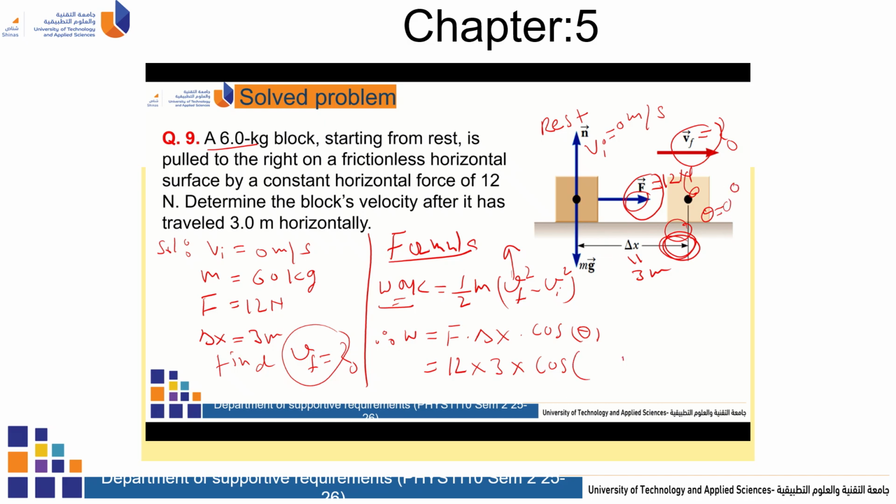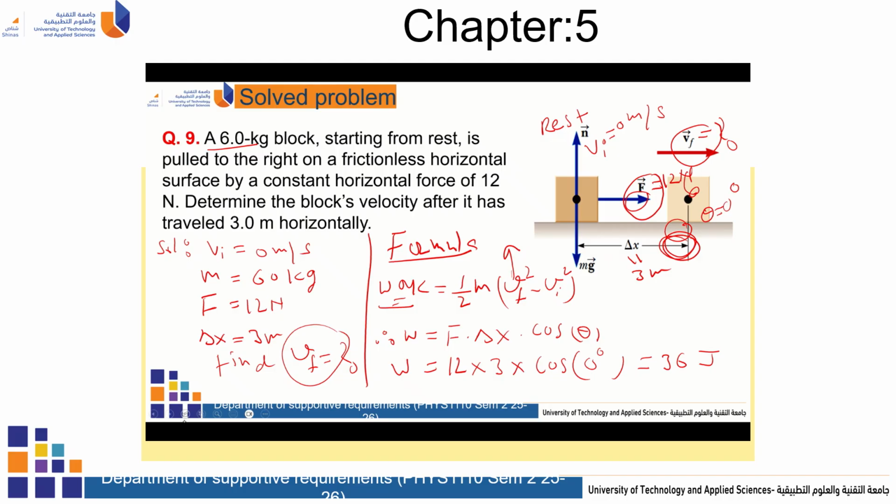Then I will find the answer. The cosine 0 is 1, and this will be 36 joule. So the value of the work is coming 36 joule.